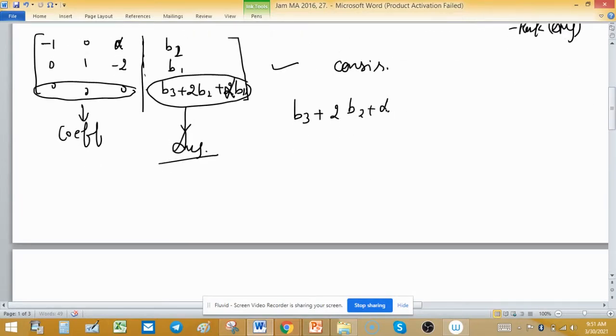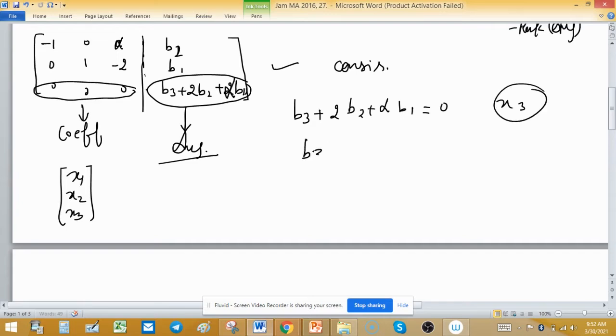And x3 is a free variable. This is x3 because x1, x2, x3 are constituents of the column vector or solution. So x3 is a free variable.